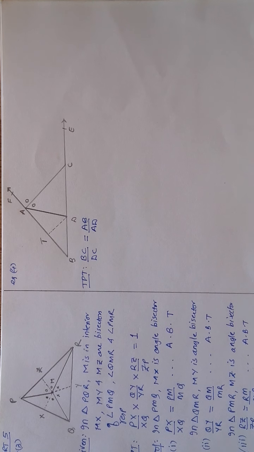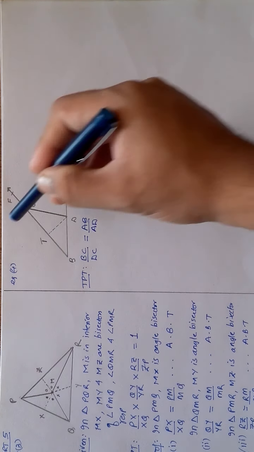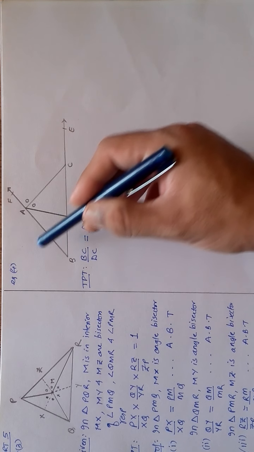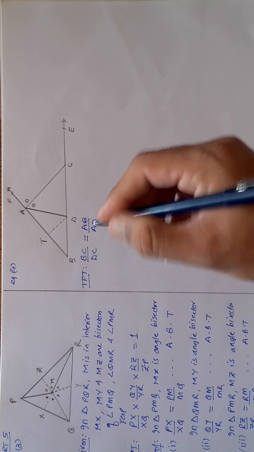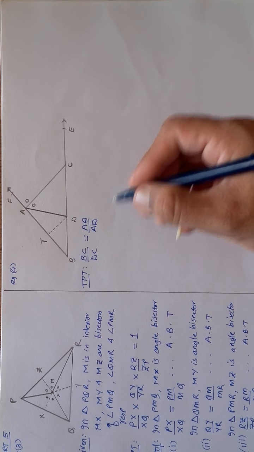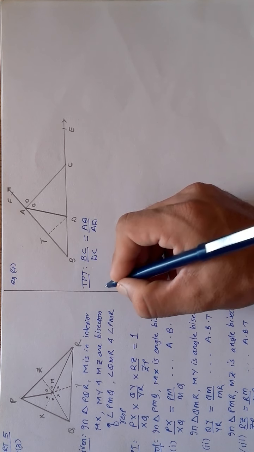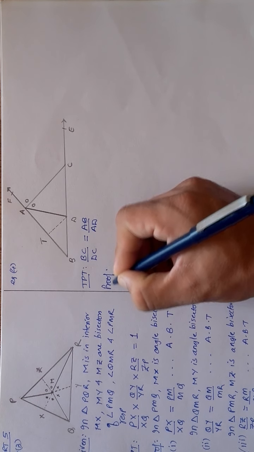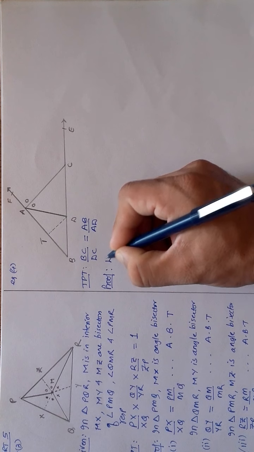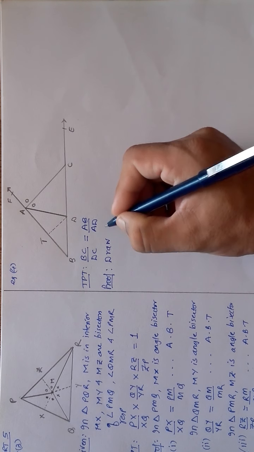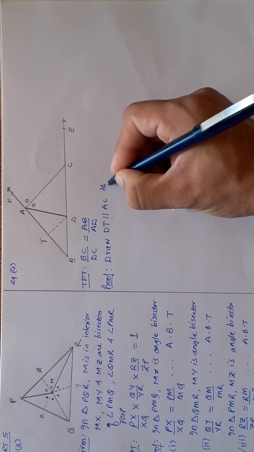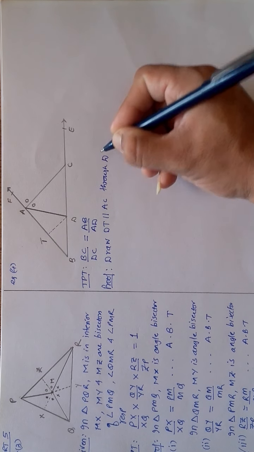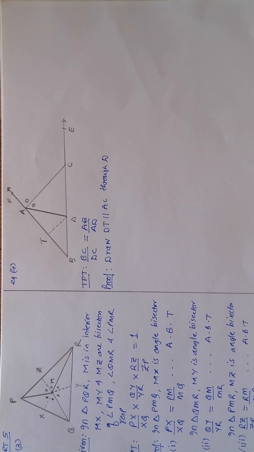What I did is a simple concept: to a line, from a point outside it, one and only one parallel line exists. So you need not write it as part of the construction. You can just write it in the proof also. What I did is, I have drawn DT parallel to AC through D. That is very important, through point D.